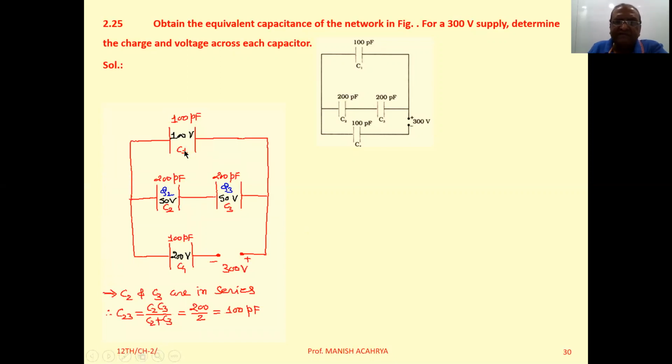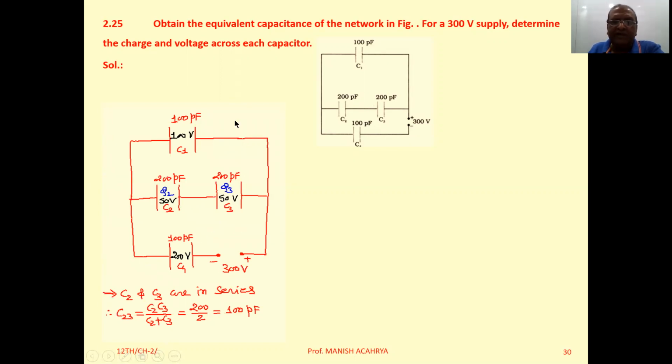Capacitor C1 has value 100 picofarad. Capacitors C2 and C3 have values 200 picofarad. Capacitor C4 has 100 picofarad. Supply voltage is 300 volt.